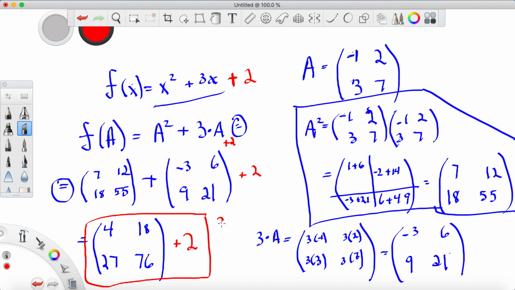It's not defined. It's not well defined. So what do I mean by that? I just mean that, remember, in order to add matrices, both objects have to be matrices, and they have to be the same size. And 2 is not a matrix, so you can't add it.